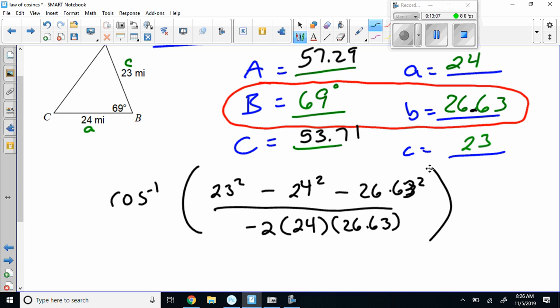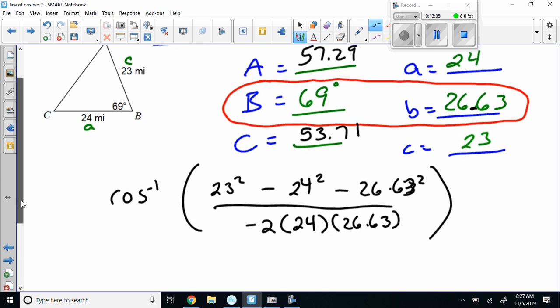Now, I will tell you this, ladies and gentlemen, I would make sure the 24 squared and the 26.63 squared were in parentheses. I haven't checked to verify with and without, but knowing how order of operations appears in my life, if I'm going to square anything, I'm going to make sure it's in parentheses, right?